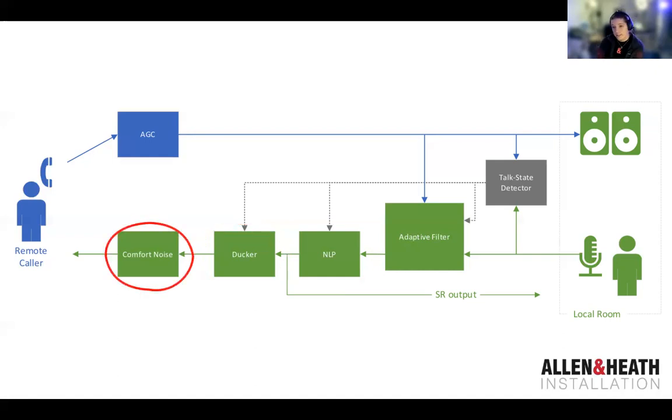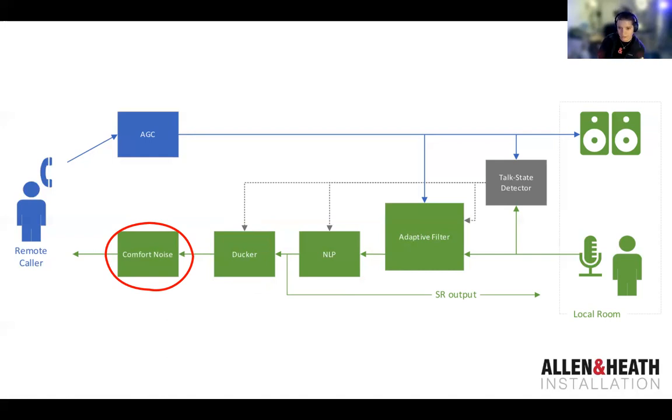Then we have comfort noise. The comfort noise adds noise in the return path, so out to the remote caller, so that they don't hear total and complete silence, which can be very uncomfortable for some, and others may think the line's being disconnected. If you've ever been on a phone, it's never totally quiet, right?